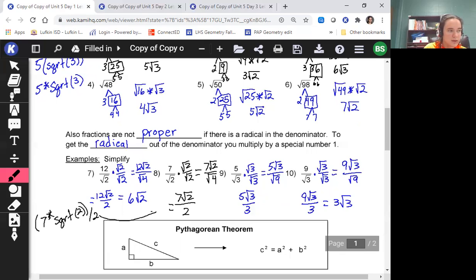And that's how you would type in 7 square root of 2 over 2. Again, if you're working on the review or on the test in Edulastic, you will end up being able to type in a fraction and type the square root symbol just like you would on the calculator.